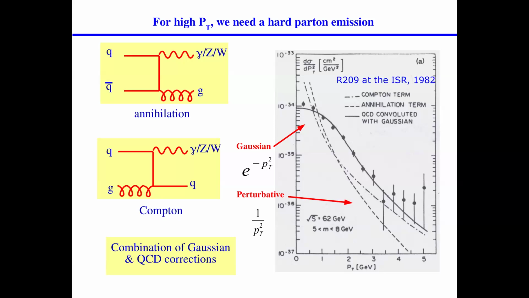Out here, I expect this to come from a hard gluon emission, but what about as PT goes to 0? Let's think about this as PT goes to 0. As that gluon becomes either soft or collinear, I'll have a singularity on this internal line. I'm going to get infinities. And so, if I look at the annihilation term, that's a dashed line, that takes off to infinity.